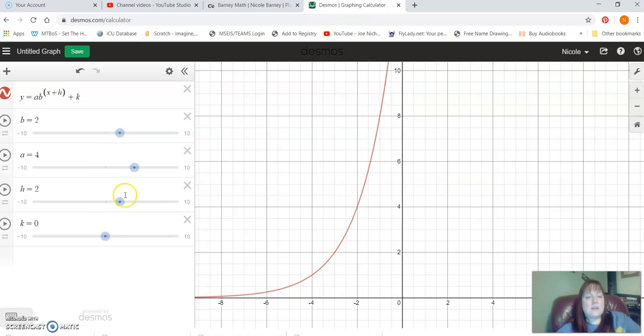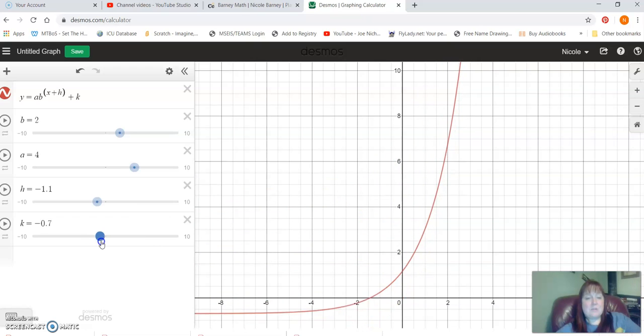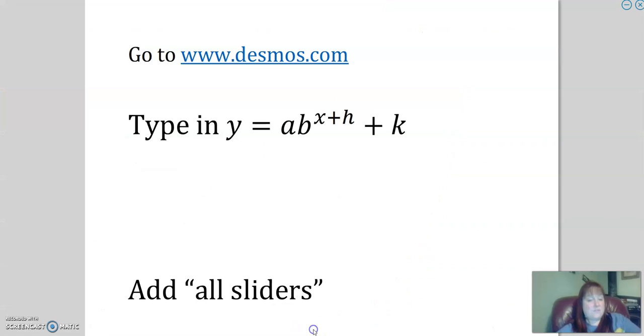So if I have a positive 2 here, it looks like I should go to the right 2, right? But I don't. I actually go to the left 2 because x lies. So this h is going to shift it left and right. And then the k is going to shift it up and down. So you can graph any function by starting out with the parent function and then just looking at all of the different transformations.